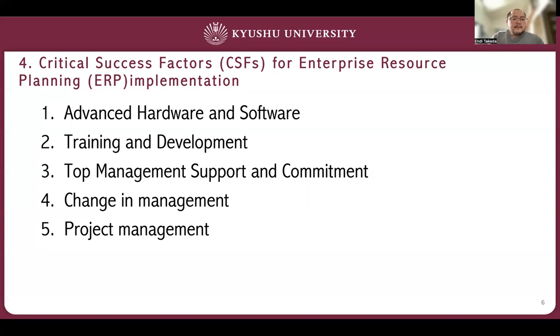And finally, the final point is project management. It's also really important, but it's not correlated to number 4. The person in charge of this kind of implementation, or in charge of the project to implement the ERP, needs to know a clear and achievable goal in the end, and they also need to know how to do it.